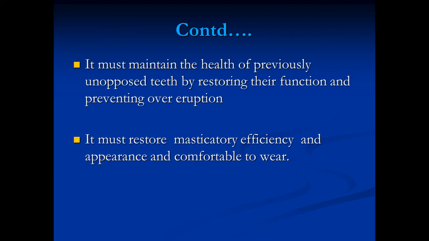The terminal third of the retentive arm has to flex, so that when the removable partial denture is seated into the patient's mouth and goes into an infrabulge area, it has to flex and go.